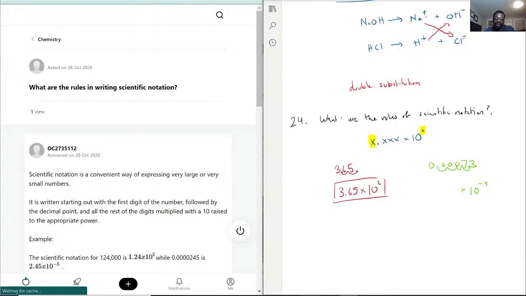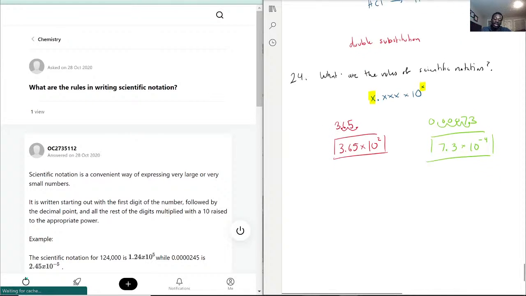When you move to the left, it's positive. Move to the right, it's negative. And it's going to be 7.3 times 10 to the -4. So this is the scientific notation for that. Another thing we discussed as well is significant digits. Scientific notation allows you to have a much easier time with significant digits.